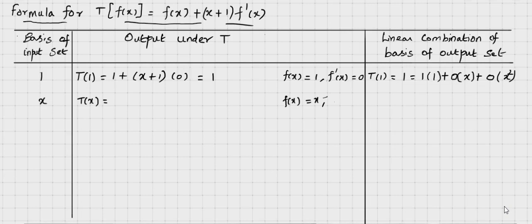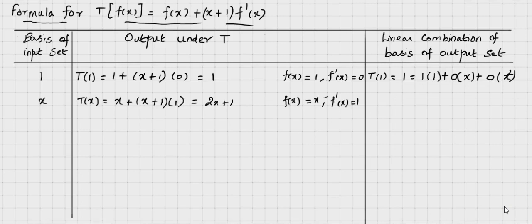So I am finding both quantities. f dash of x will be 1. Substituting these here, f of x is x, plus x plus 1 into 1. On summing up, you will get 2x plus 1.